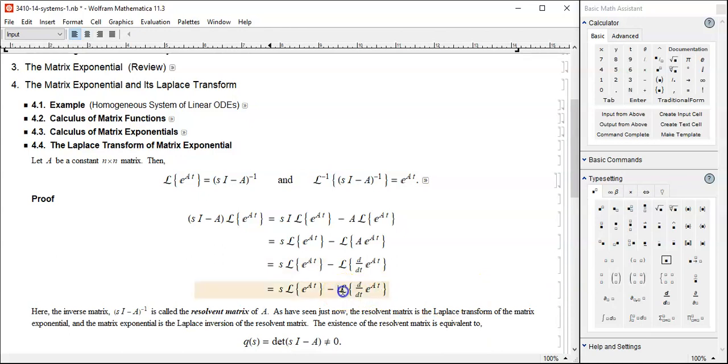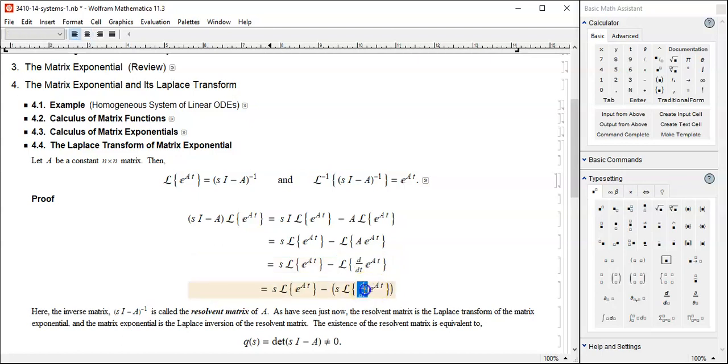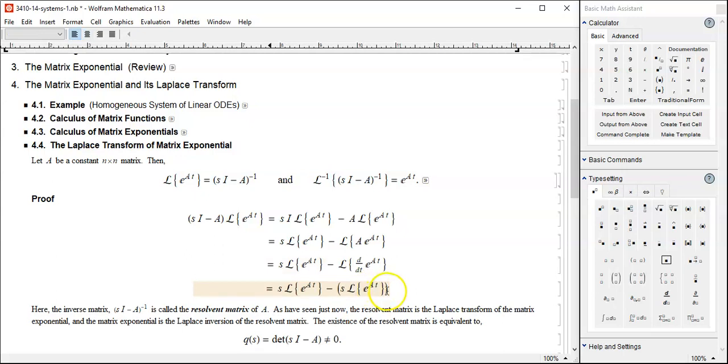So if we do that, this whole thing here is going to be s times the Laplace transform of the original minus y of 0, so I have to plug in t equals 0.